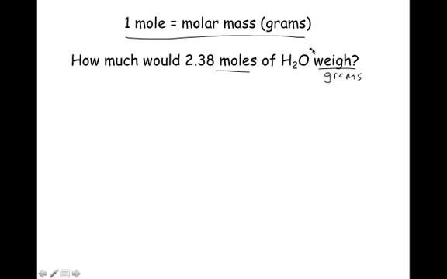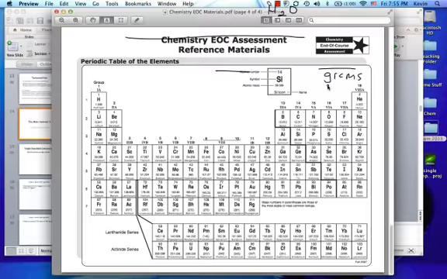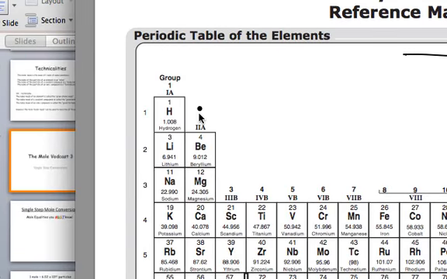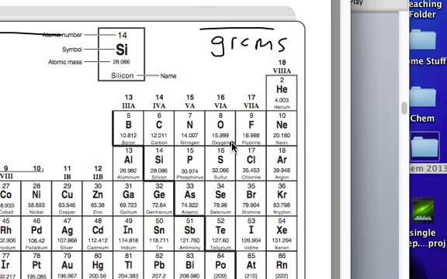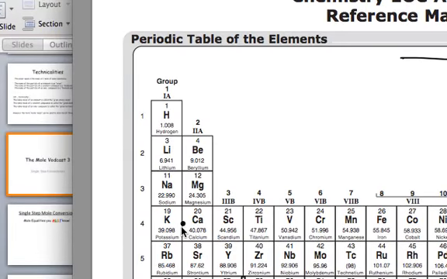Now, we're going to need to know the molar mass, in this case, of water. So we need to go to our periodic table and pull that out. Water is H and O, H2O. Looking at hydrogen, 1.008. Looking at oxygen, 15.999. I will say this: I just have a bunch of the numbers in my head from years of using them, and I learned hydrogen not as 1.008 but as 1.0079.